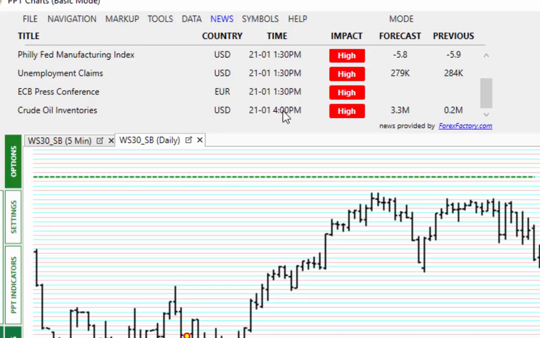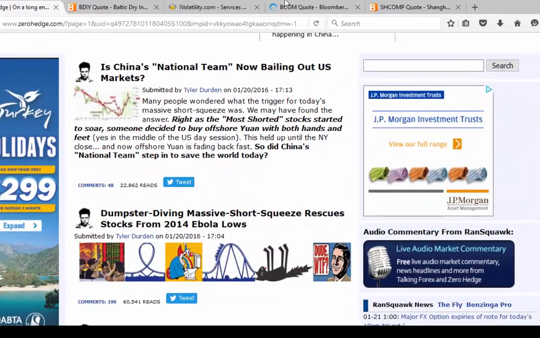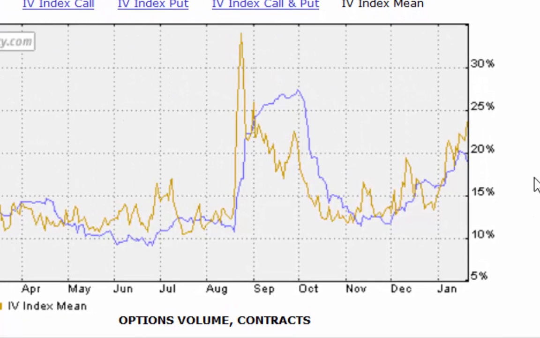Today. That's half an hour before we go into what is normally the quieter part of the session, but I don't think it's going to be quiet for some time. Also, implied volatility moving higher, 23.62, but not actually climbing sharply higher. This is sort of a slow climb up.